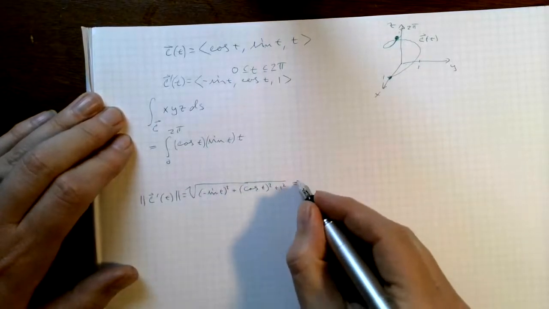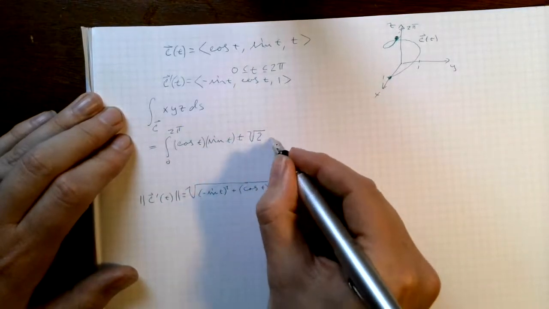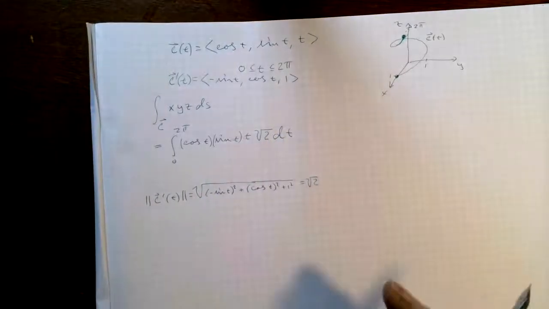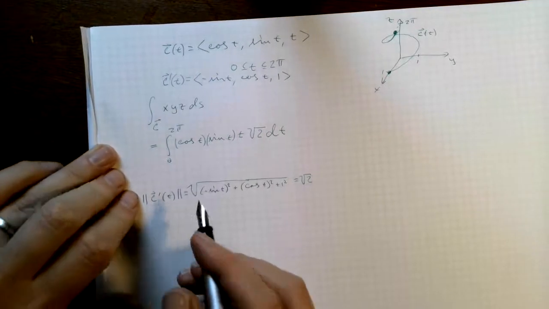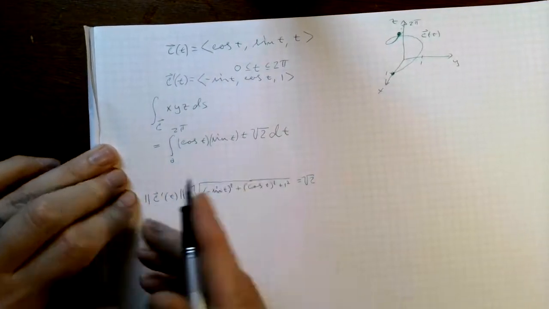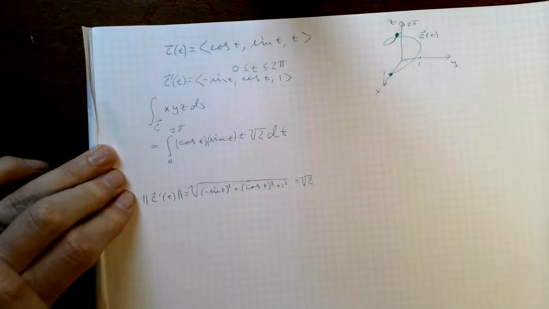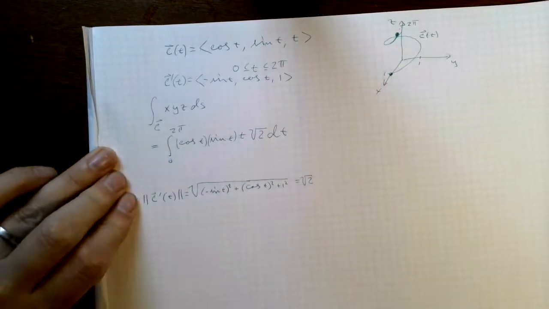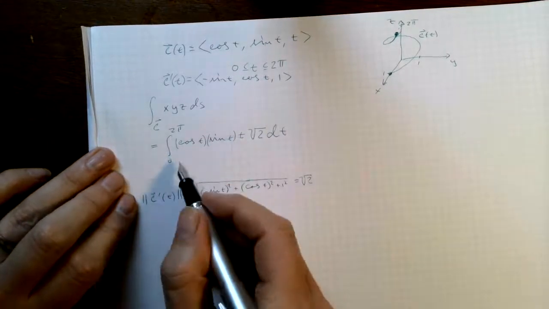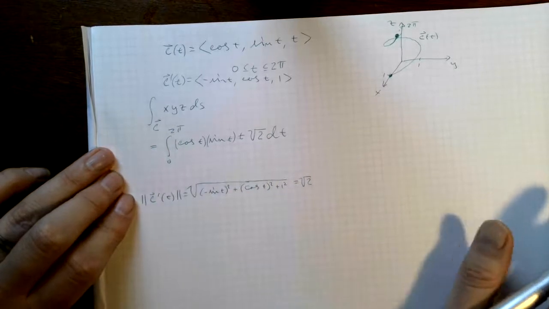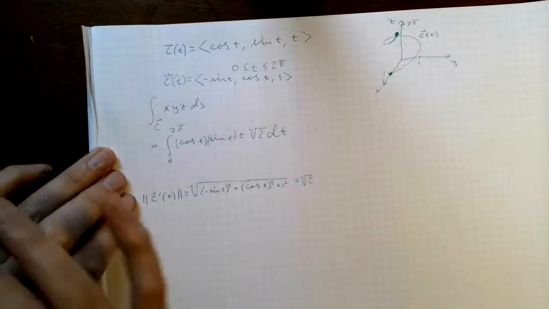So this is just square root of 2. Hey, this is actually constant speed. So that goes here, dt. So now you just have to compute this. Maybe I picked a slightly wrong example, because now I'll have to do one integration by parts. So let's not do this, it would take up too much time. But it's basically just a one variable integral.